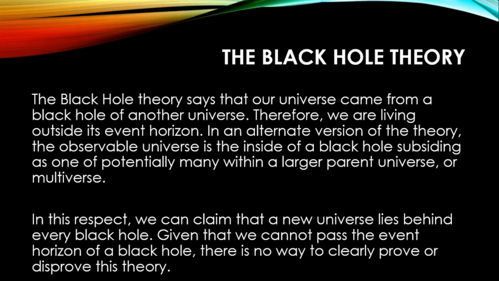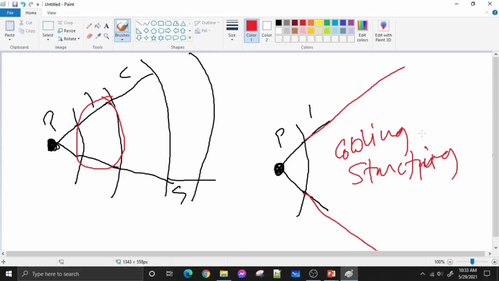So in this respect, we can claim that a new universe lies behind every black hole, given that we cannot pass the event horizon of a black hole. So there is no way to clearly prove or disprove this theory, because it can't be tested or clearly observed. So the black hole theory is something like this.